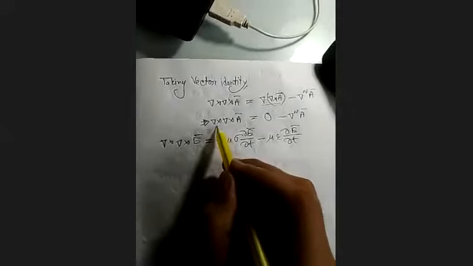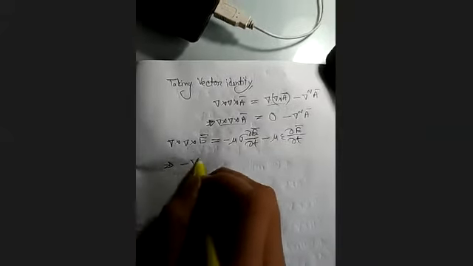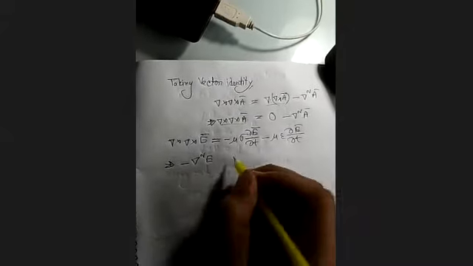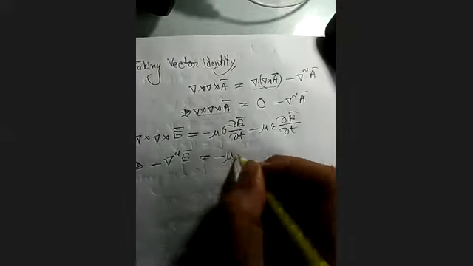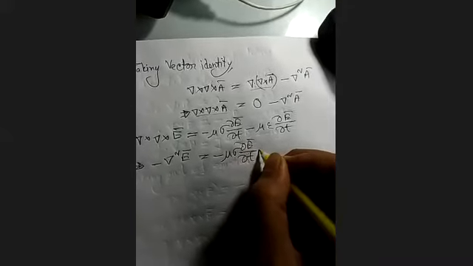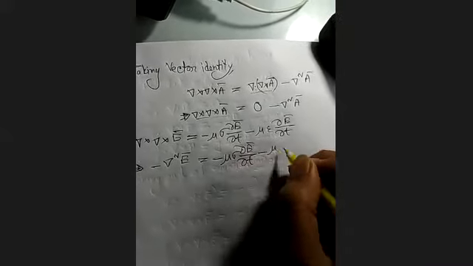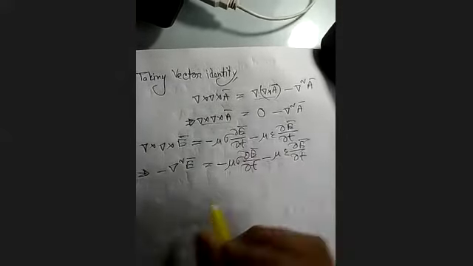Now I should apply the vector formula in this equation. So on the left side it will be minus del square E, because you can skip 0. 0 has no value in this equation. It is very tough to hold the mobile. Okay, it is equal to, on the right side, the same: minus mu sigma del E divided by del t minus mu epsilon del E by del t.